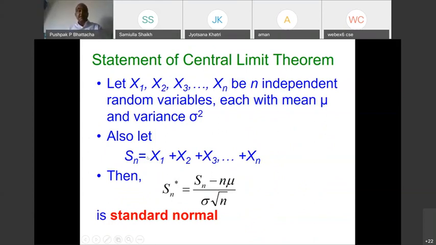Or in other words, the sum of random variables, all of which have same mean and same variance, that sum follows a normal distribution. Okay, this is not an intuitive statement. It's a big surprise, and that's why CLT is called the crowning glory of probability and statistics.